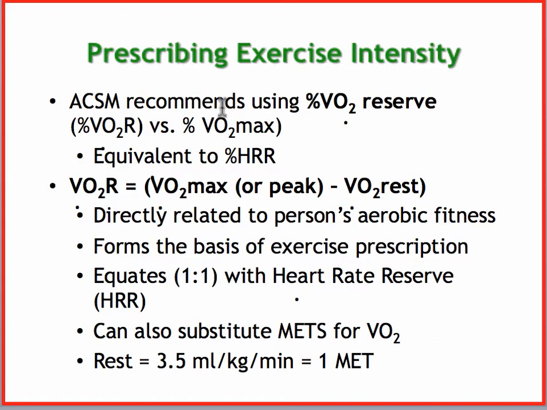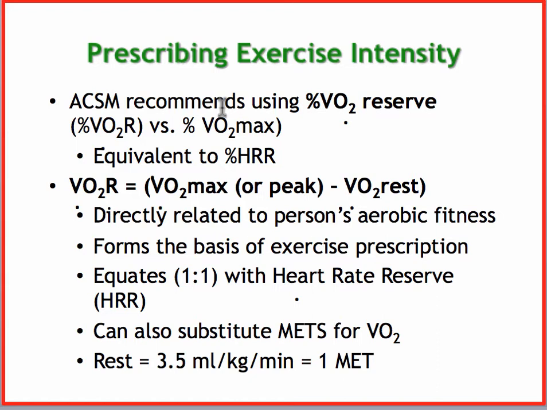So you can recommend that someone exercise at a 50% VO2 reserve. That's equivalent to a 50% heart rate reserve. So they can monitor their heart rate knowing that they're exercising at that percentage of their VO2.